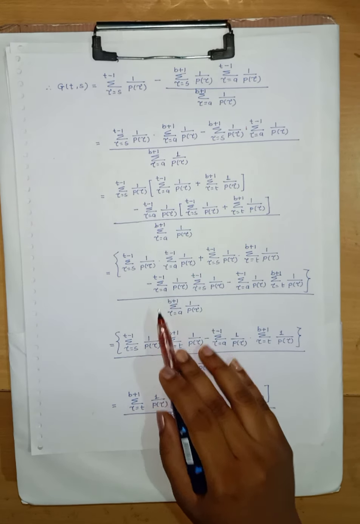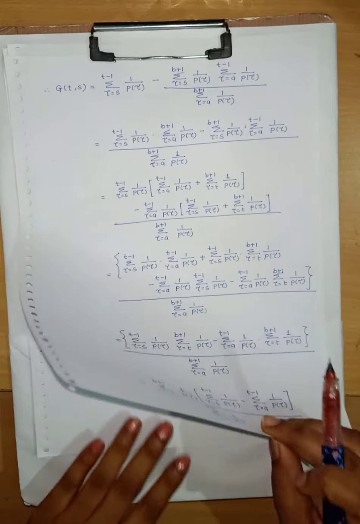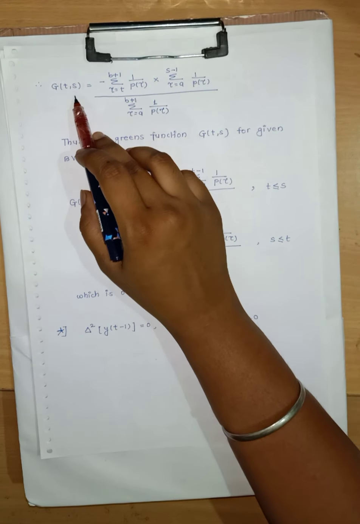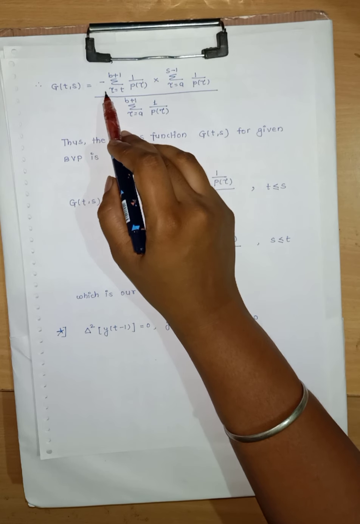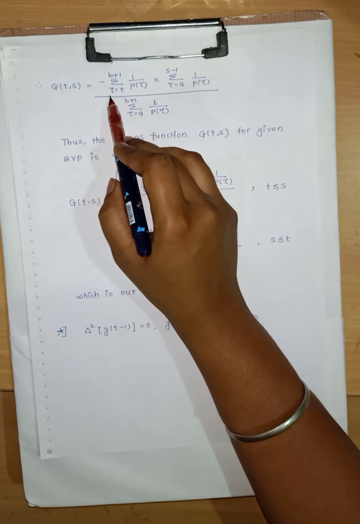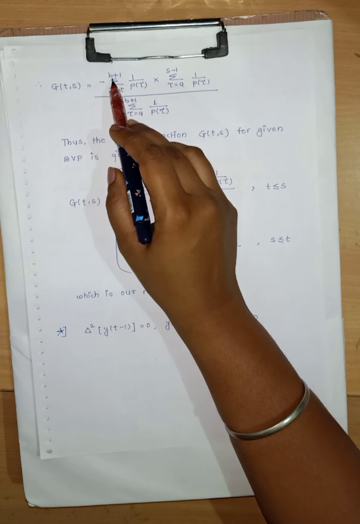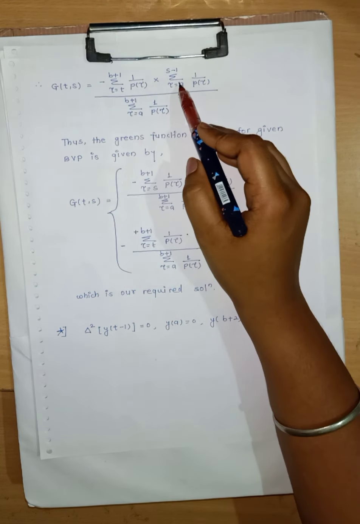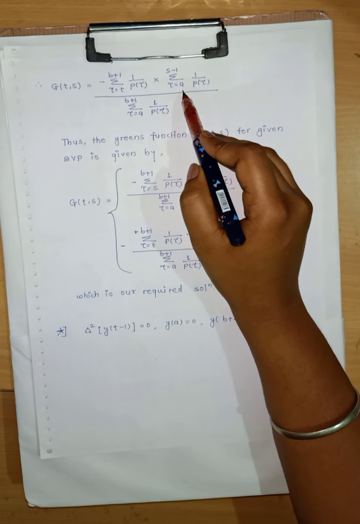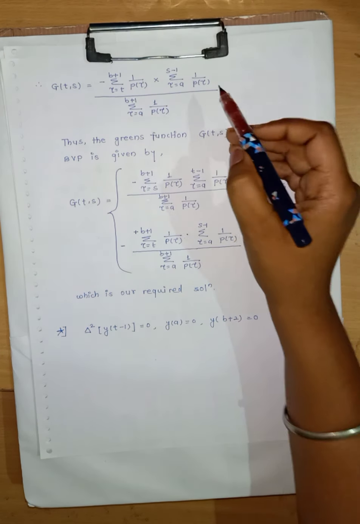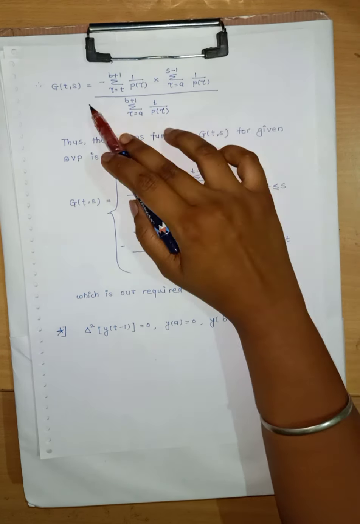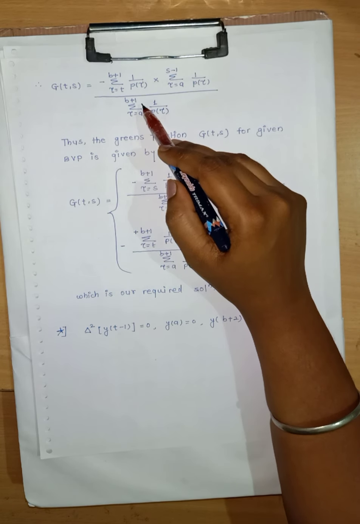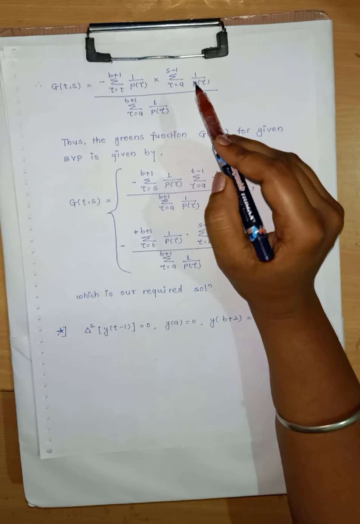We can solve this and then we will get the answer as g(t,s) equals minus the summation over τ from t to b+1 of 1/p(τ) into the summation over τ from a to s−1 of 1/p(τ) upon the summation over τ from a to b+1 of 1/p(τ).